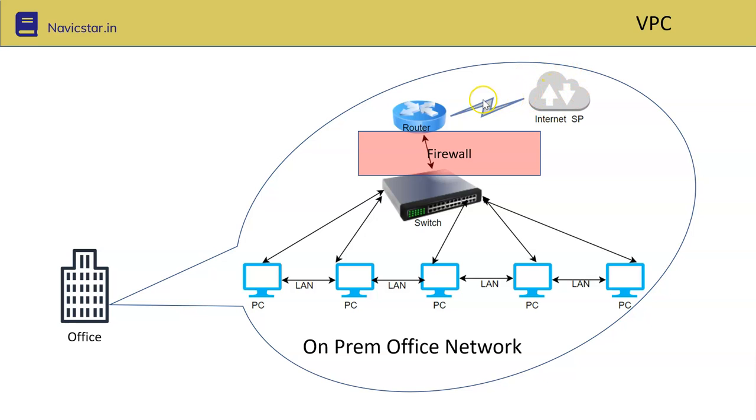Through these your internet connectivity is provided, and there is a firewall somewhere in between where you can block access as per your desired ports, right? Port 80 for web server, SSH, telnet, whatever you want to access or showcase to the entire world, you can control it here. So this is your basic on-premises office network, with a data center inside the office, and you keep all these things inside your office and manage them yourself.